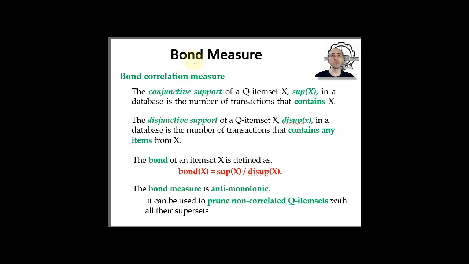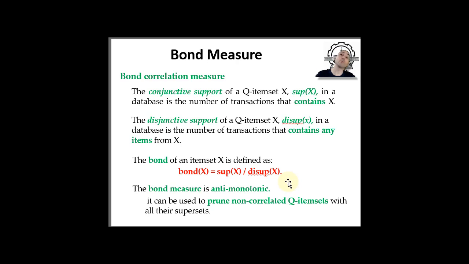I will skip the details about this, but mostly to evaluate the correlation of the items, we use a measure called the bond. The bond of an item set X means how many times the items of X appear together divided by how many times at least one item appears.